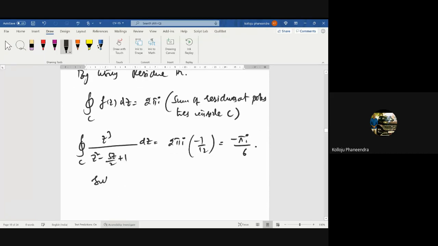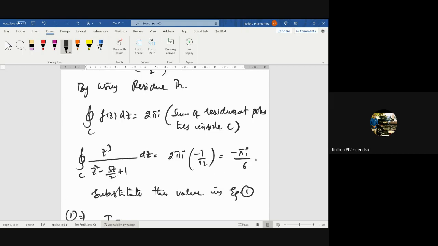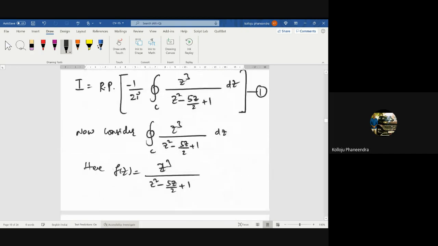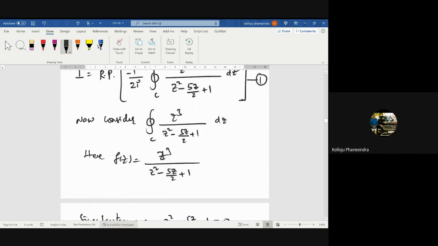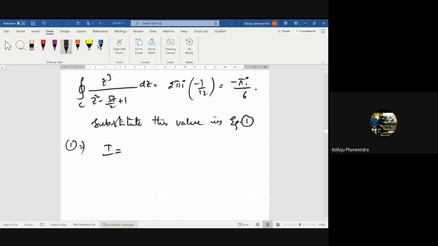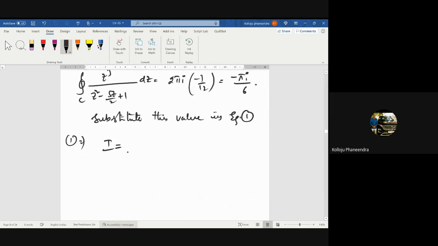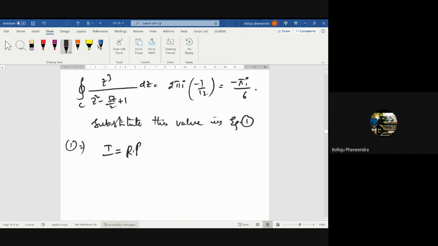Substitute this value in equation 1. So equation 1 implies I equal to real part of minus 1 by 2i integral over C of z cube by z square minus 5z by 2 plus 1 dz.